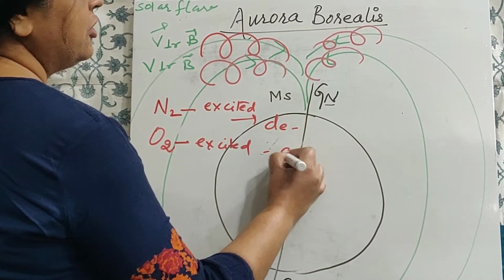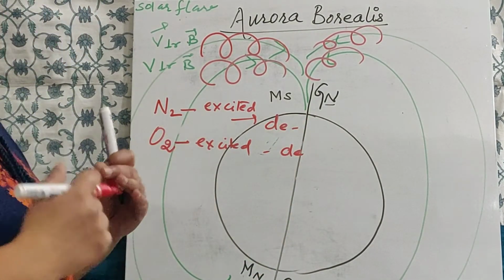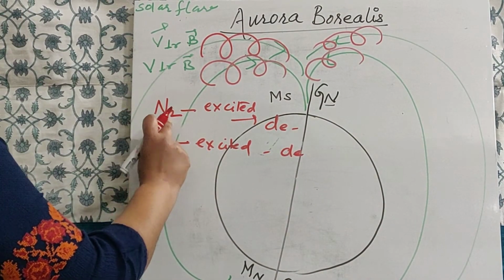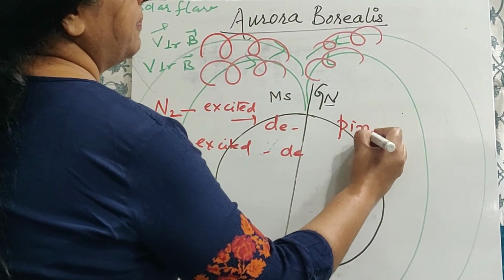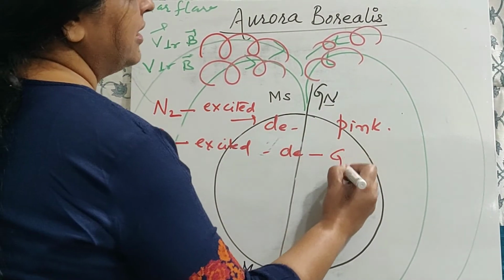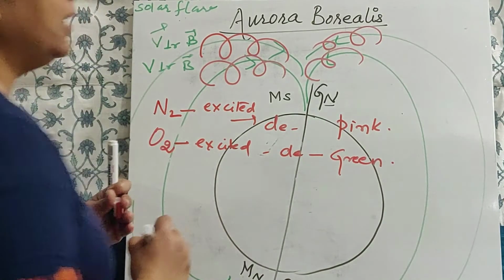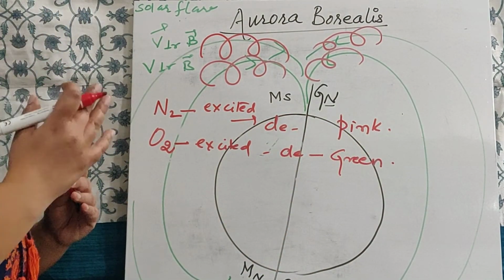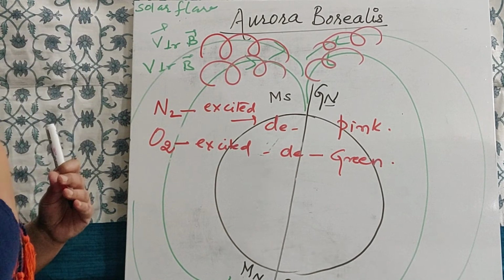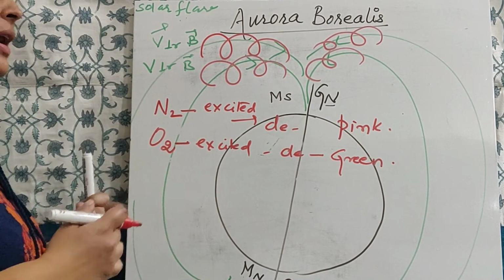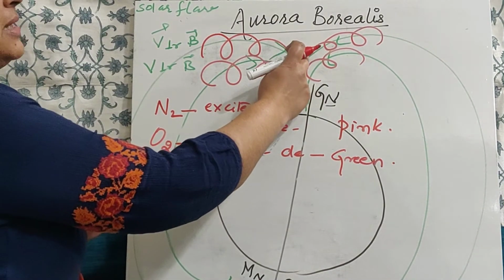During de-excitation light is emitted. Nitrogen emits pink light and the oxygen atoms emit green light. So the green and pink color dominates over the sky, and these lights are wonderful. It's a very beautiful phenomenon that is observed in the northern hemisphere.